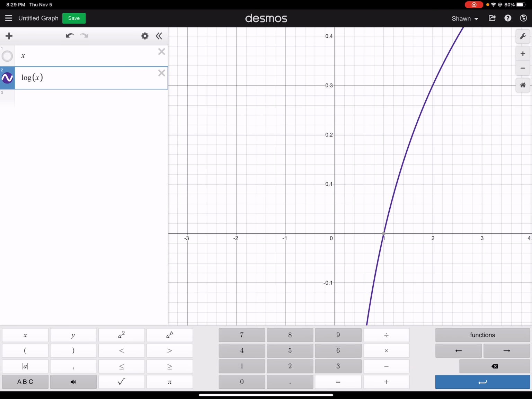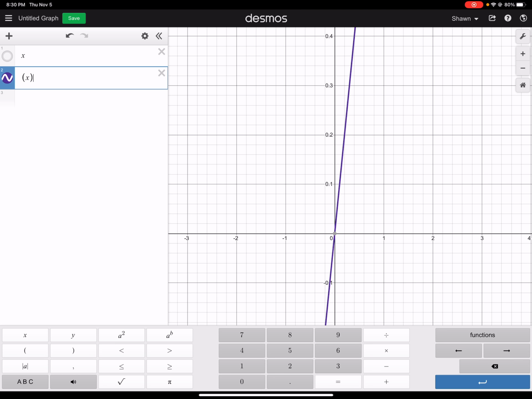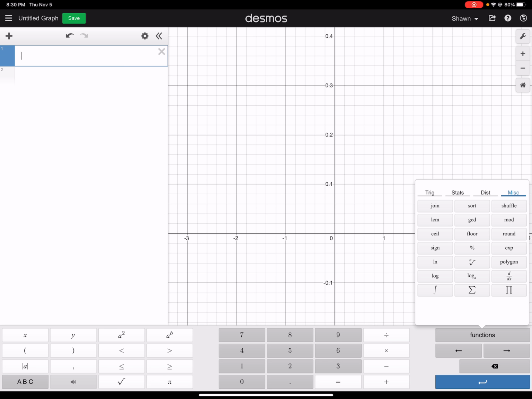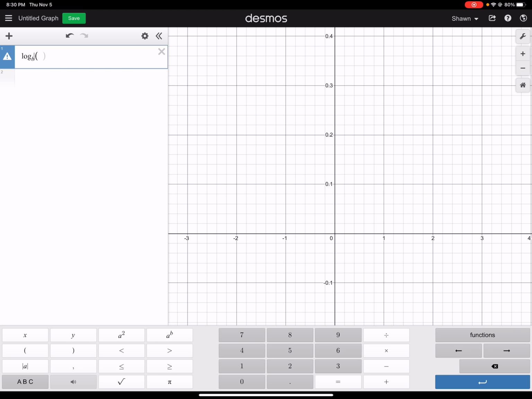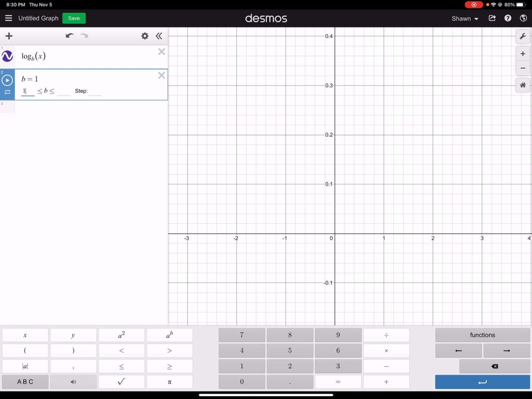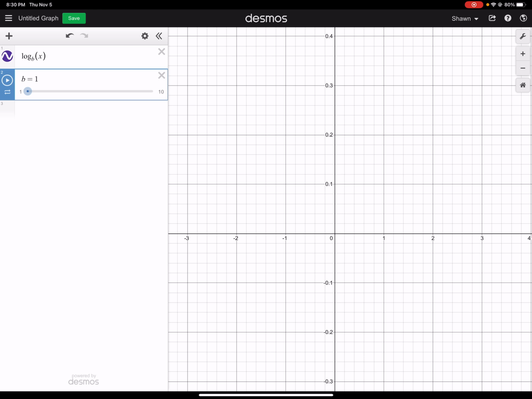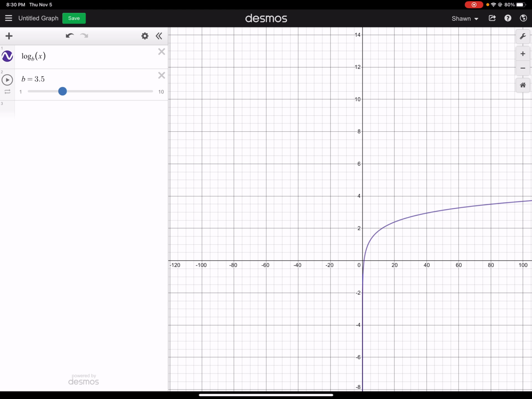But more importantly, if I changed it to be log base b of x, as we move this, all the higher and higher base does is just make it a little bit flatter.